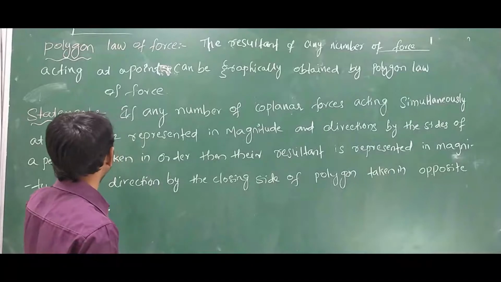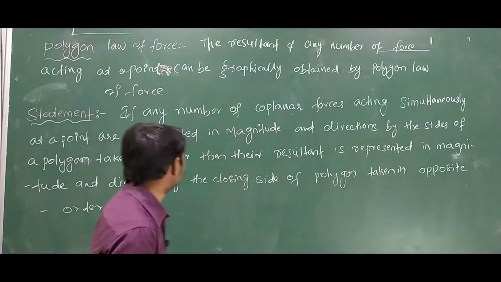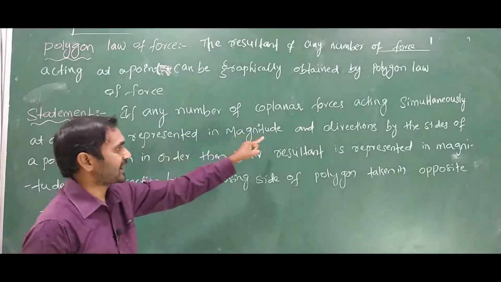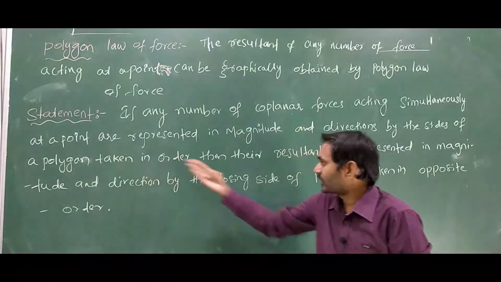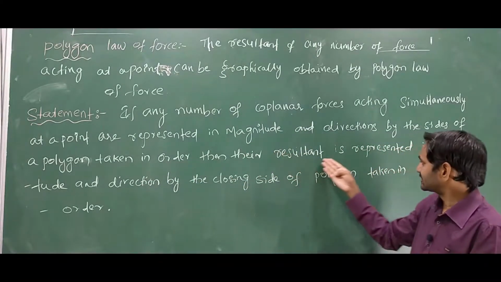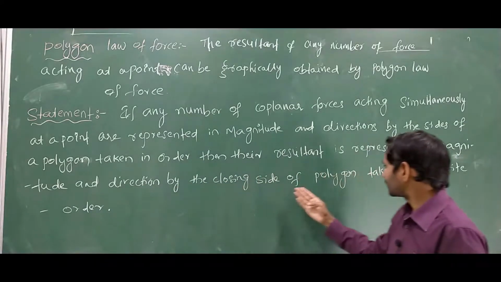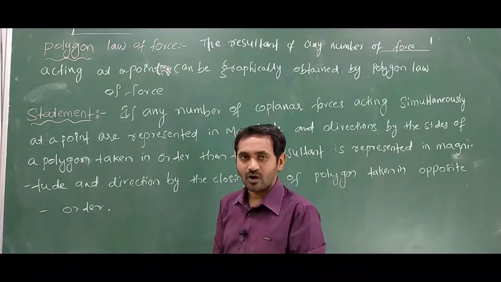The statement is, if any number of coplanar forces acting simultaneously at a point are represented in magnitude and direction by the sides of a polygon taken in order, then the resultant is represented in magnitude and direction by the closing side of the polygon taken in opposite order.